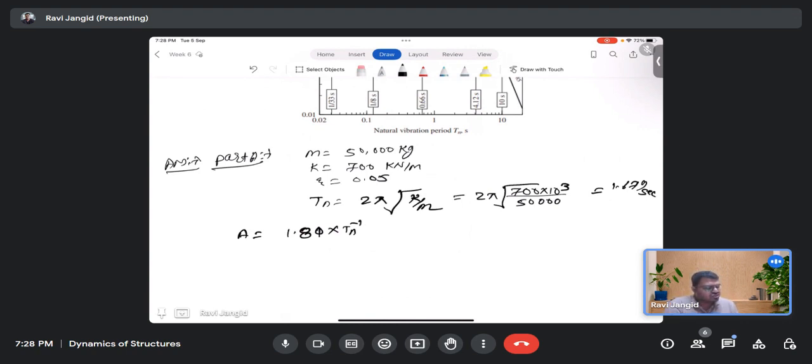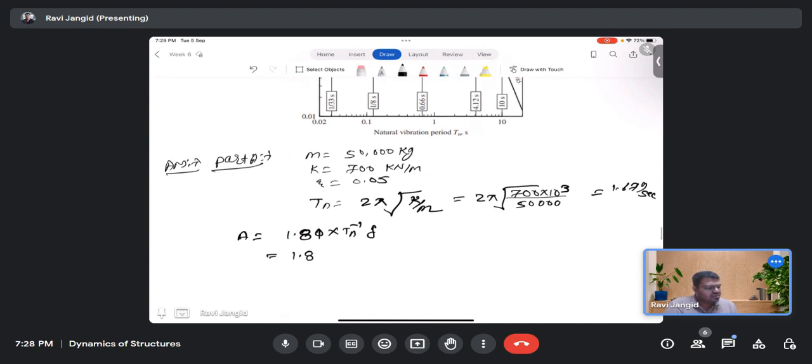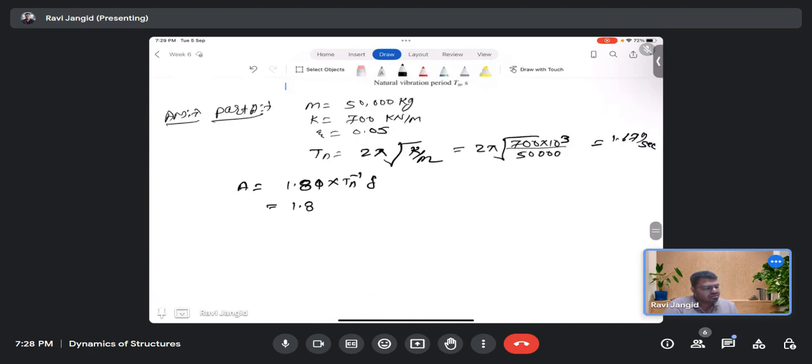So in g, that is 1.8 divided by Tn. Tn is how much? 1.679. So that will be coming out to be 1.072 g.